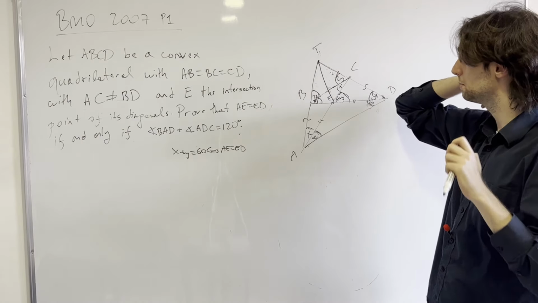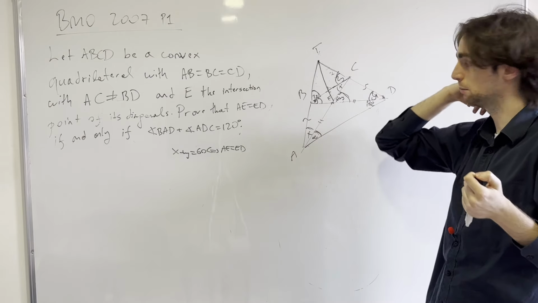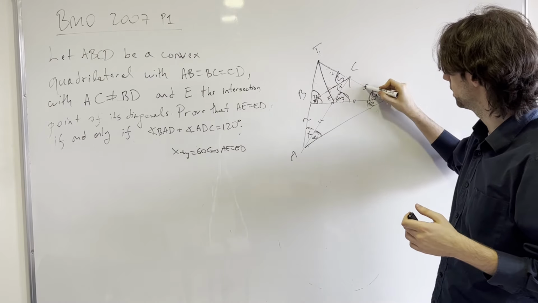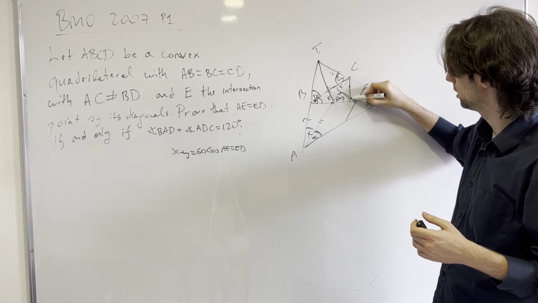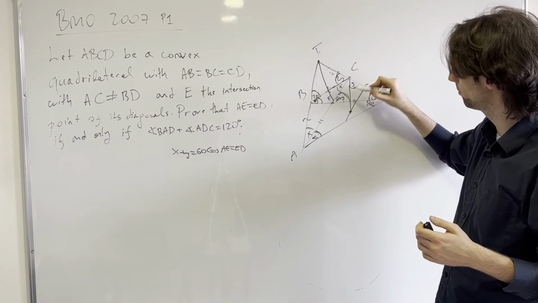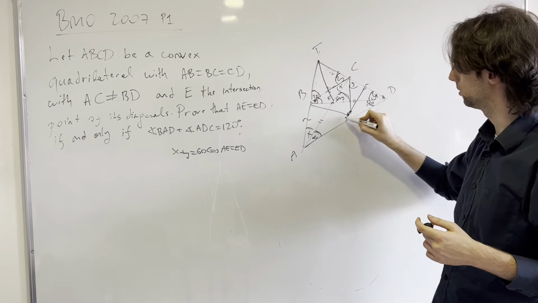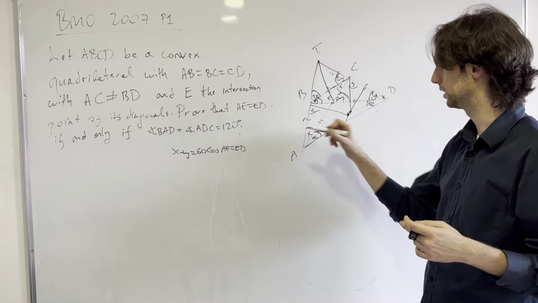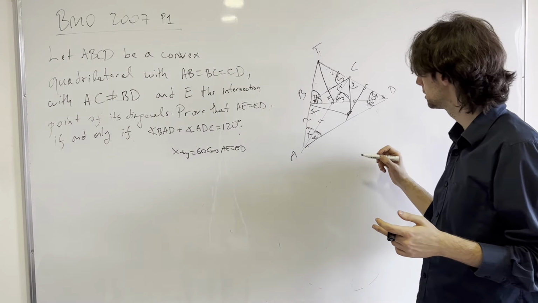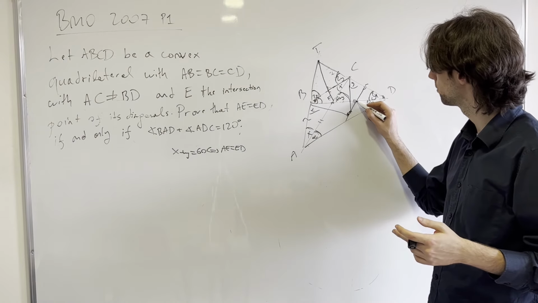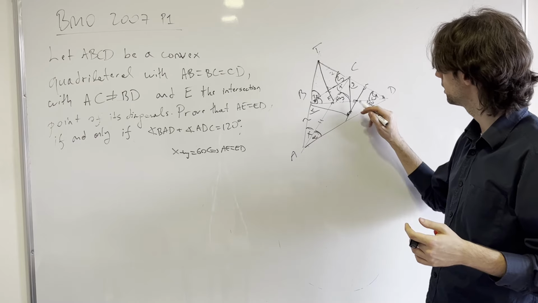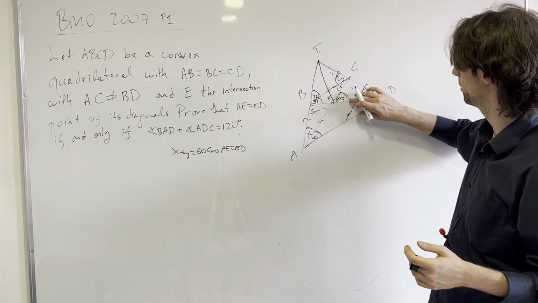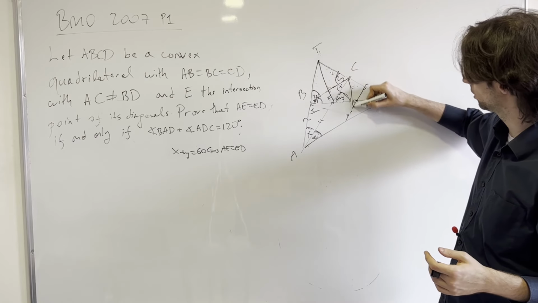Maybe if I take the excenter, I get something interesting. Say the excenter is going to be like, because this is going to be an angle of Y here, and we're going to have an angle of X here because it's an external angle bisector. And now, actually, this is a bad diagram, a bad picture of X and Y. It needs to be more along the lines of here.